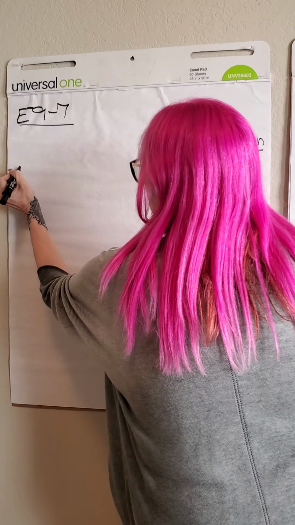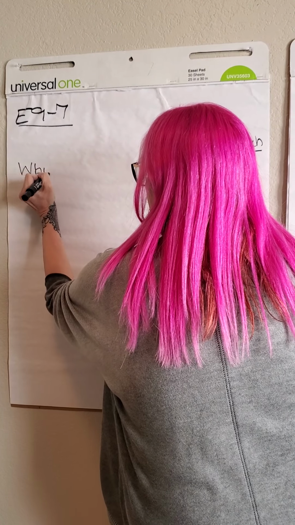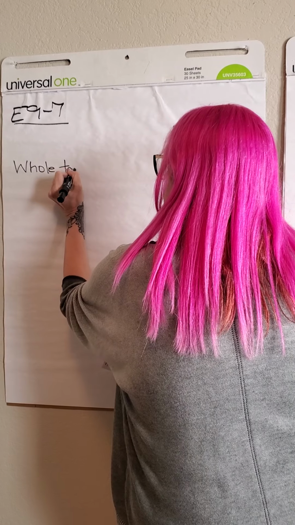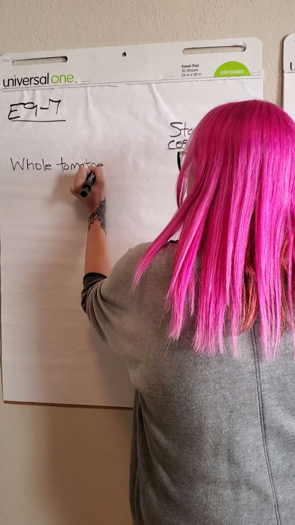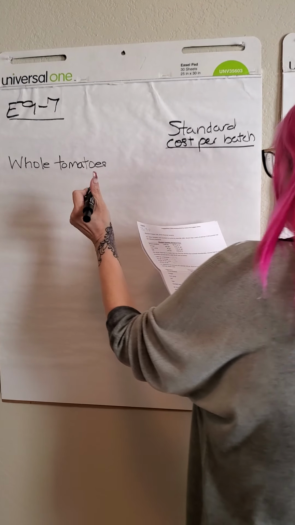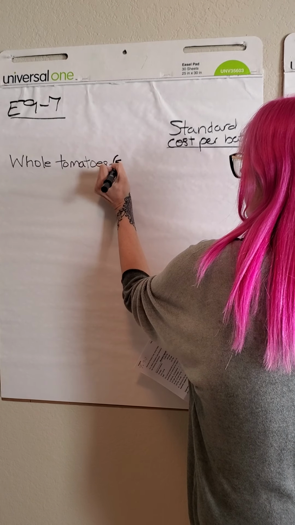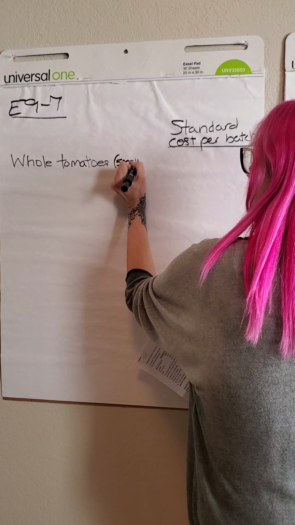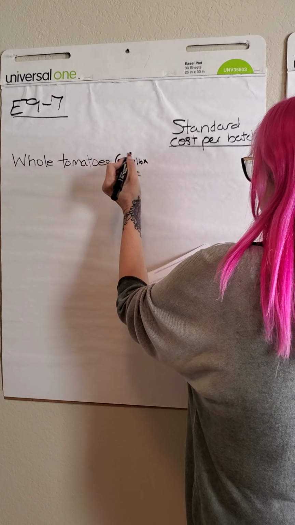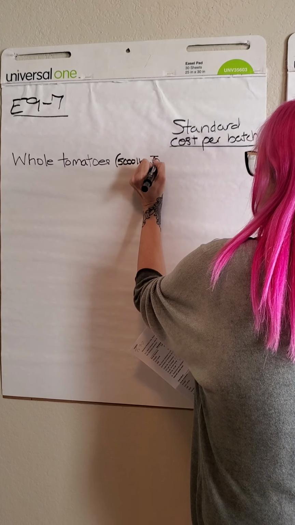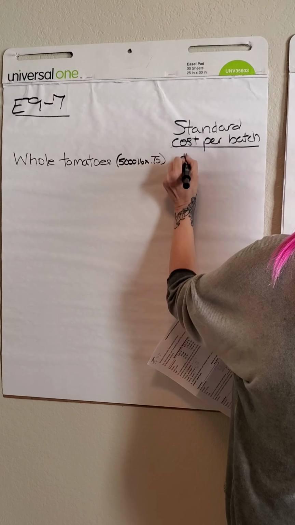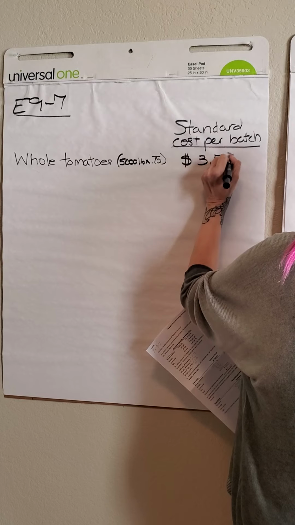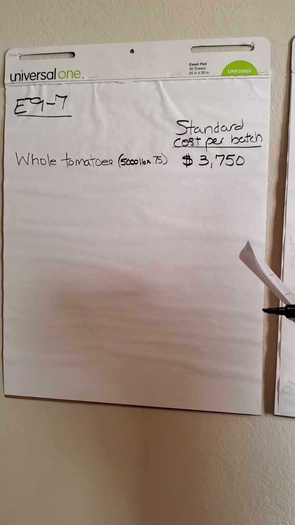We're going to start with our whole tomatoes. So whole tomatoes, so remember that that is 5,000 pounds times the standard cost of 75 cents per pound. So that total comes to 3,750. So that's for our tomatoes.